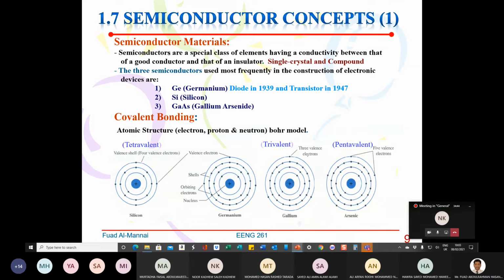Germanium material works very, very well at room temperature. However, as the temperature varies, germanium, whether a diode or transistor, will not be reliable.